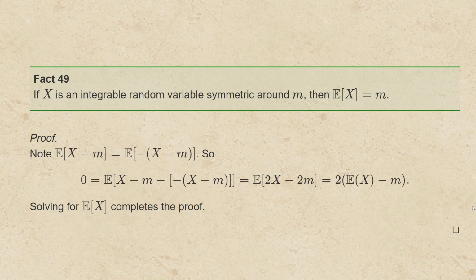So that tells me that 0 is the expected value of x minus m minus the quantity negative x minus m. But I can simplify that to be the mean of 2x minus 2m, which is 2 times the mean of x minus m. Solving for the expected value of x completes the proof.